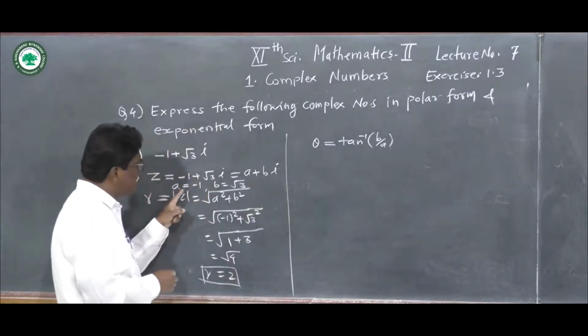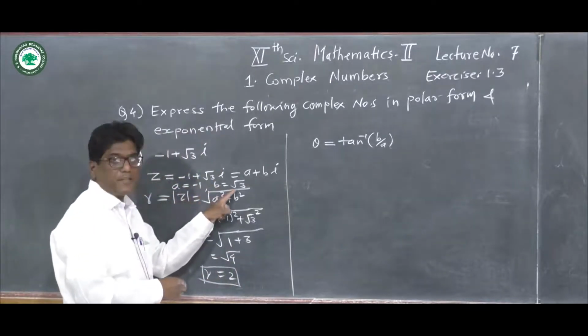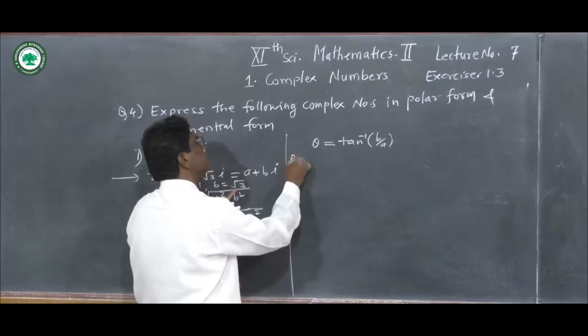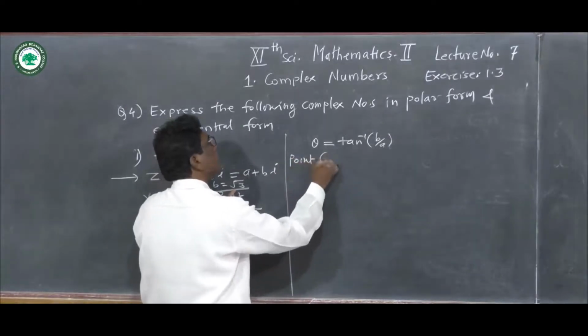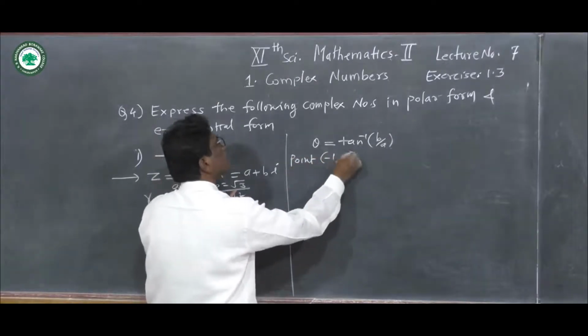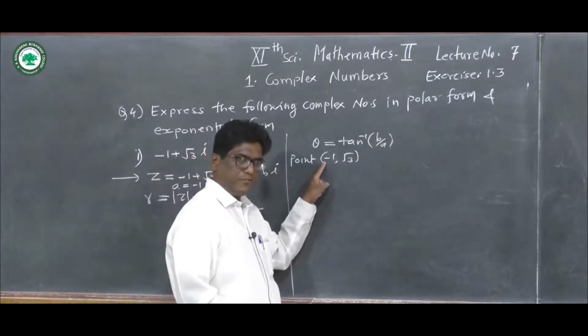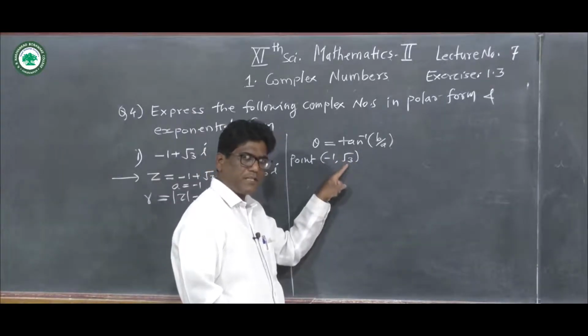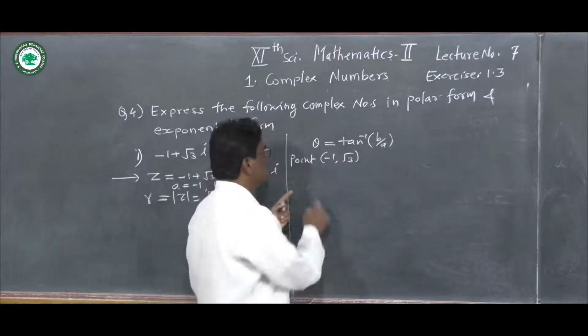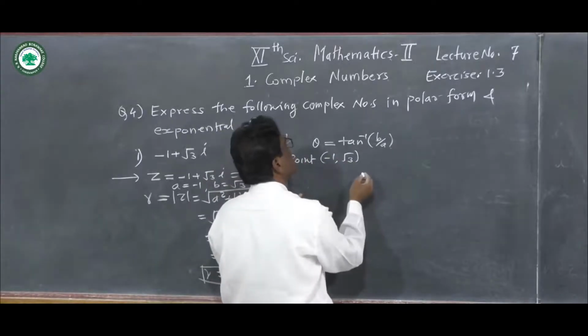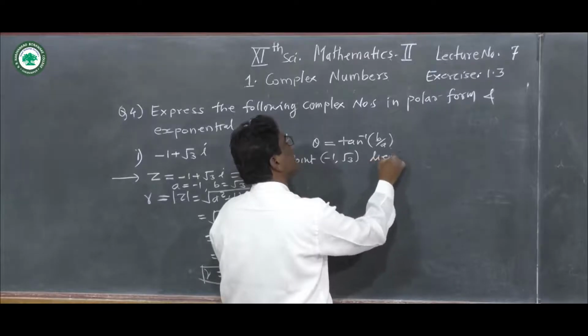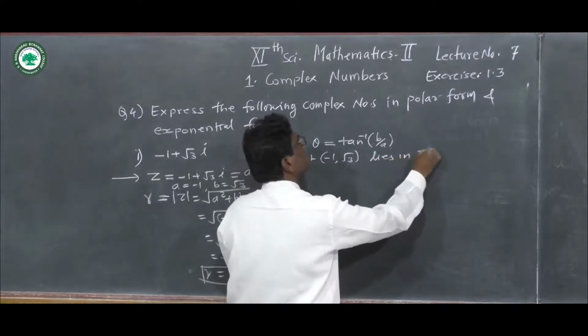Here the point is minus 1, root 3. Minus 1, root 3 means x coordinate is minus and y coordinate is plus. It lies in which quadrant? Second quadrant. Therefore point minus 1, root 3 lies in the second quadrant.